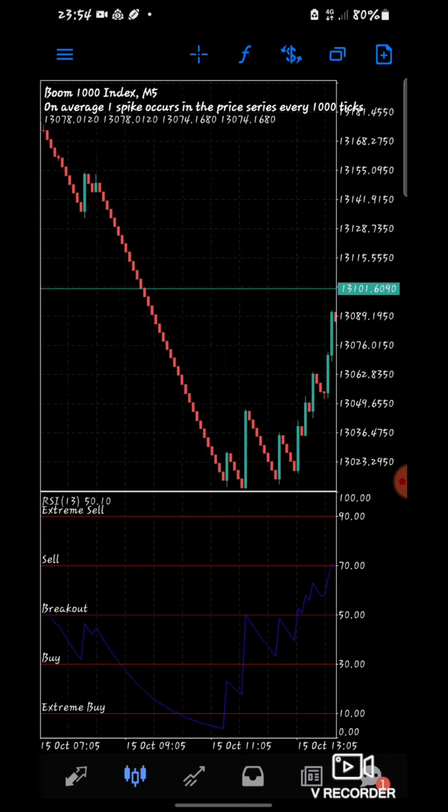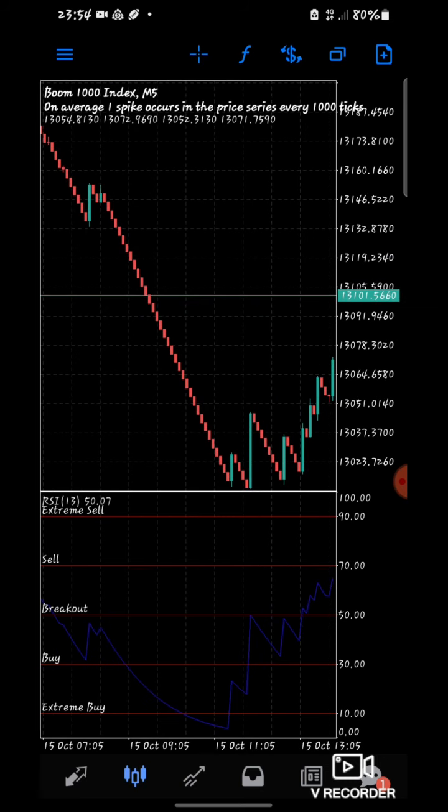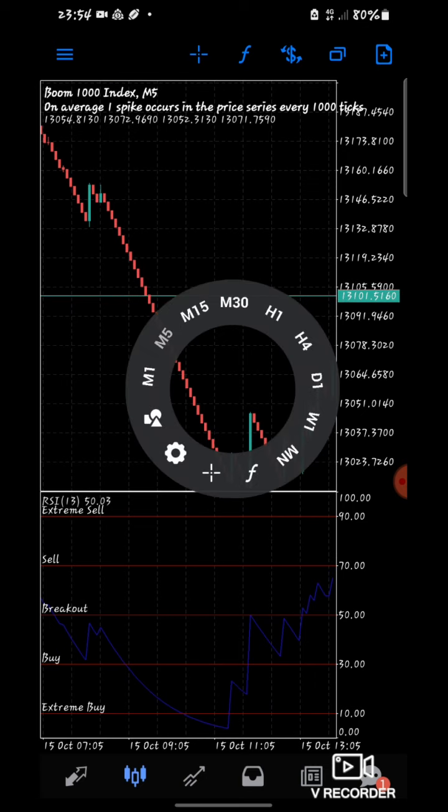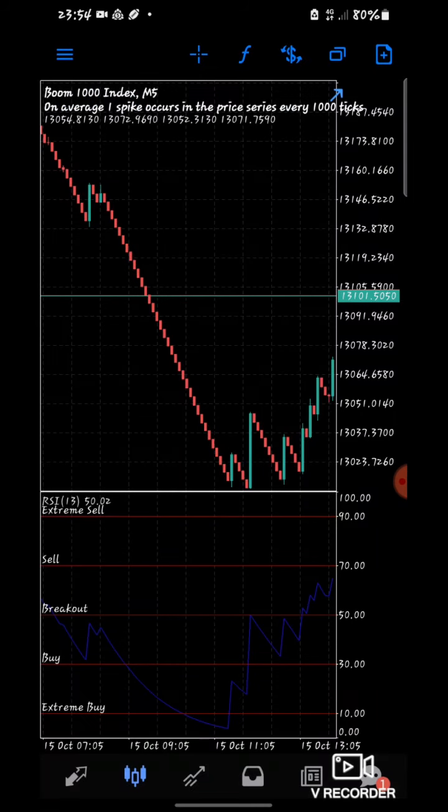So look at this, guys. This is the extreme buy for the line 10 in boom 1000, or in the boom market. Talking about this RSI touching the extreme buy line, which is here, this signifies that the market is really going to buy.